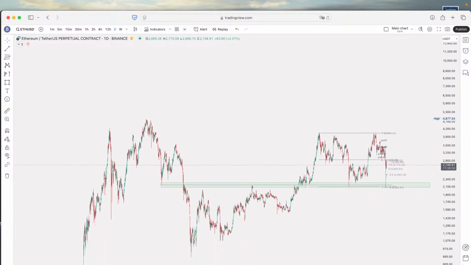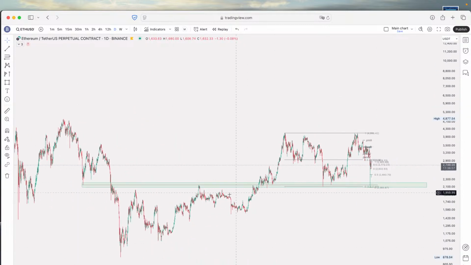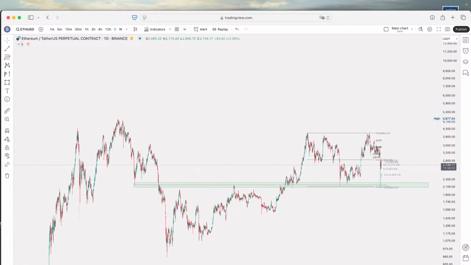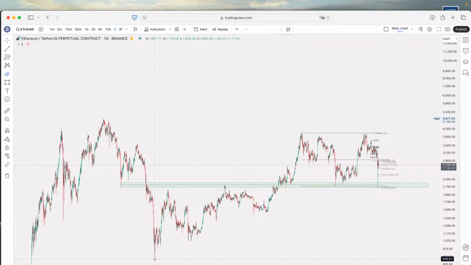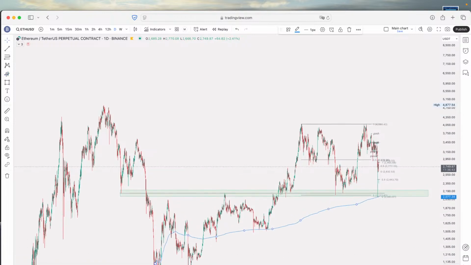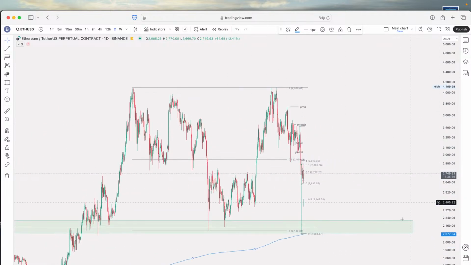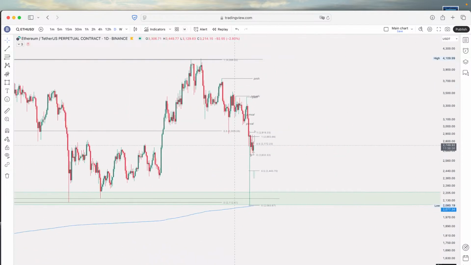This is our main support level, not only because we have a major support resistance flip, but let me show you. If I draw the anchored VWAP from the all-time low from 2022, look at this, where this anchored VWAP aligns.